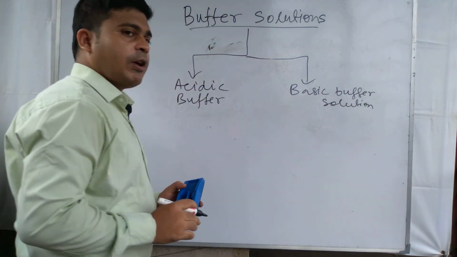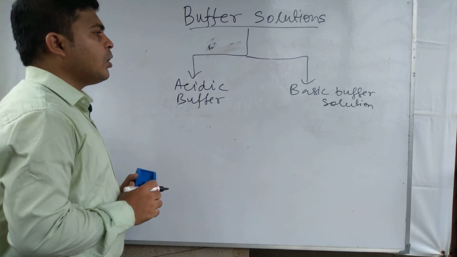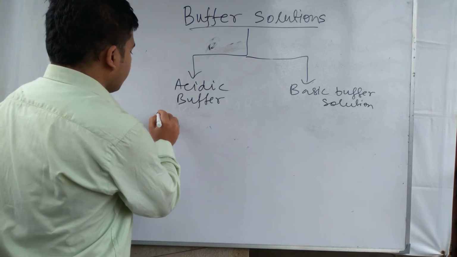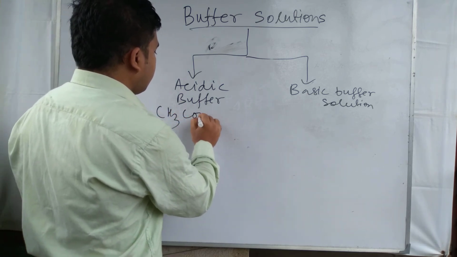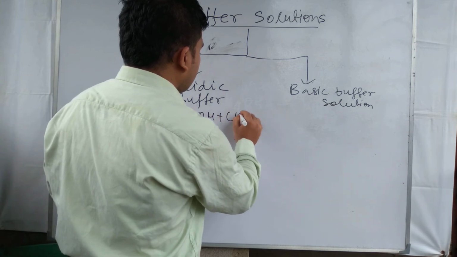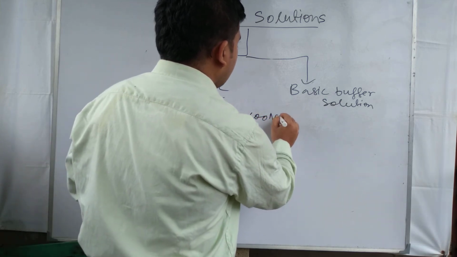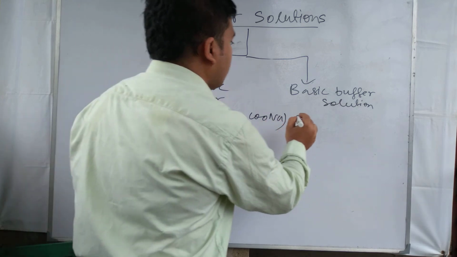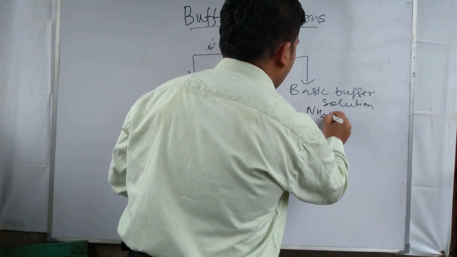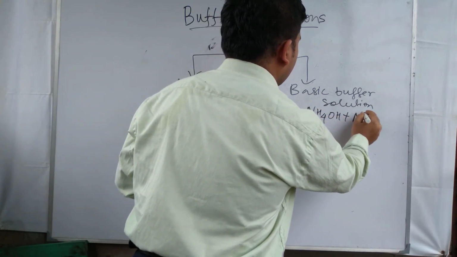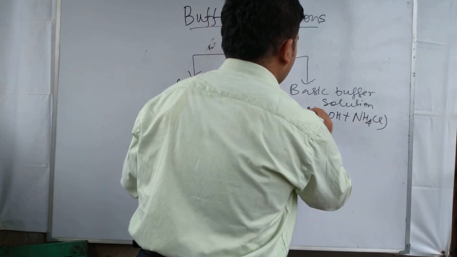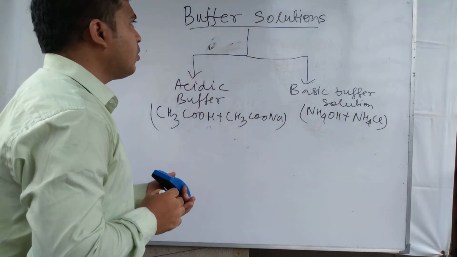An example of an acidic buffer is acetic acid with sodium acetate. And for basic buffer solutions, ammonium hydroxide is mixed with ammonium chloride.